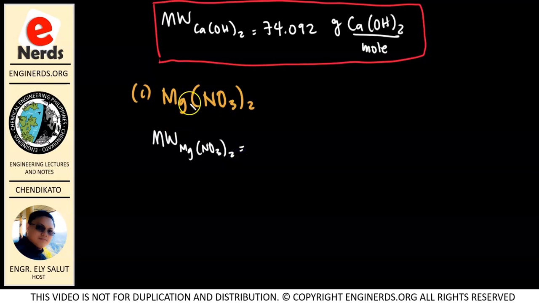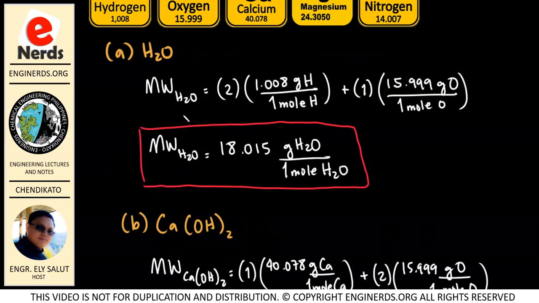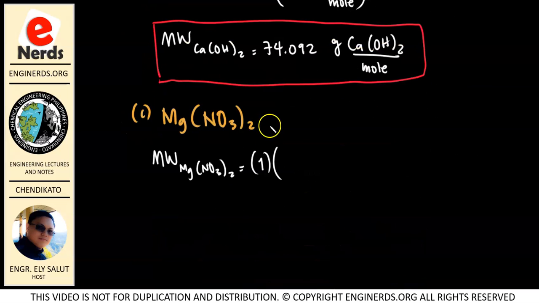So our magnesium, how many atoms do we have for our magnesium? We only have 1 atom of magnesium. Then we're going to multiply that sa atomic weight ng magnesium, which is 24.3050. 24.3050 grams Mg per mole.